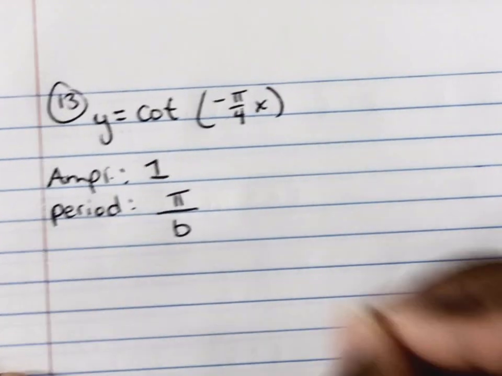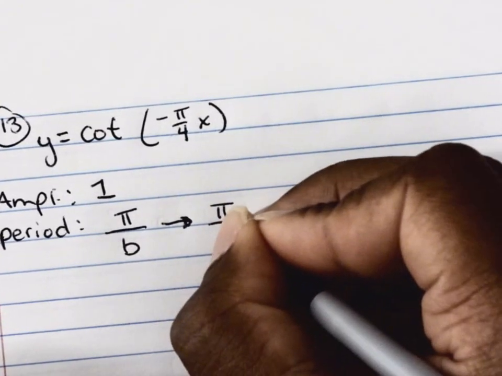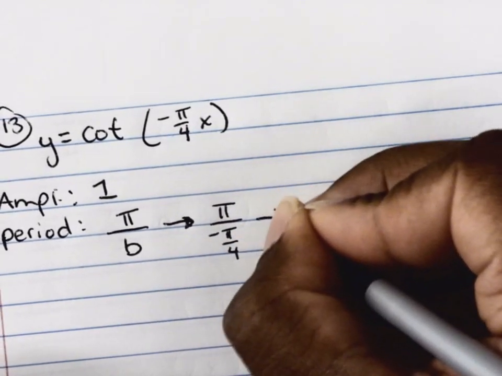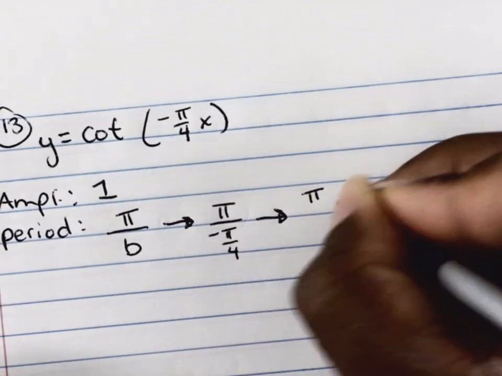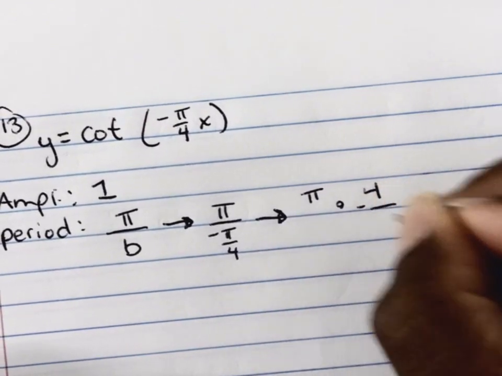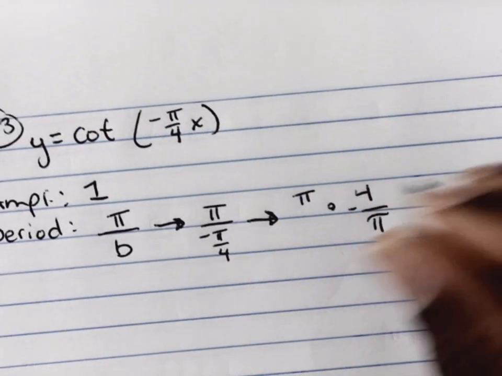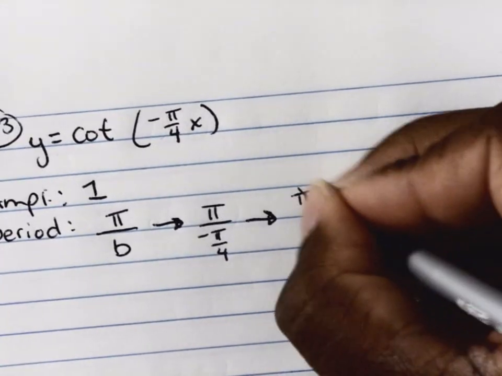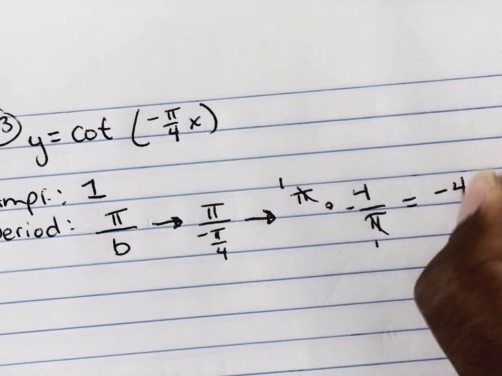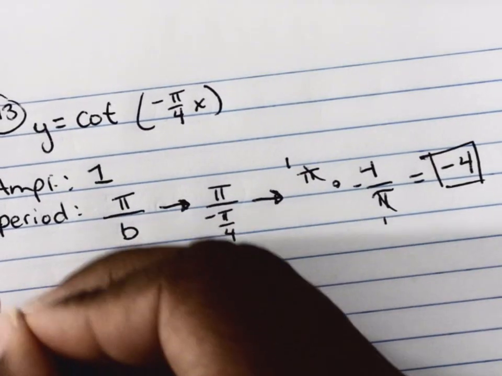So this time I'll do pi over b, which is pi over negative pi over 4. I'll keep pi and I'll change to multiplication, and then I'll flip to negative 4 over pi. The pi's cancel, so I'm left with 1 times negative 4, which equals negative 4 over 1. So my period is just negative 4.